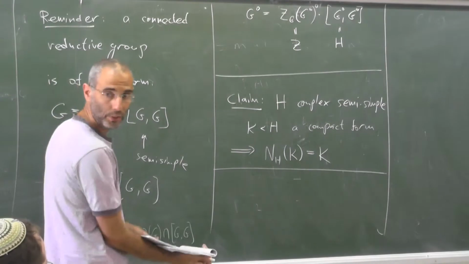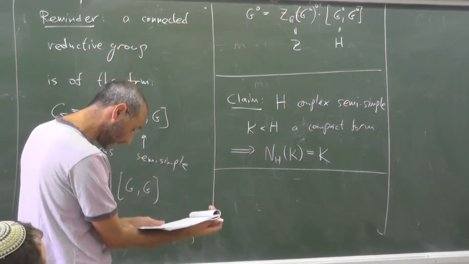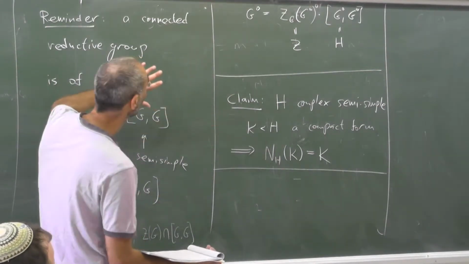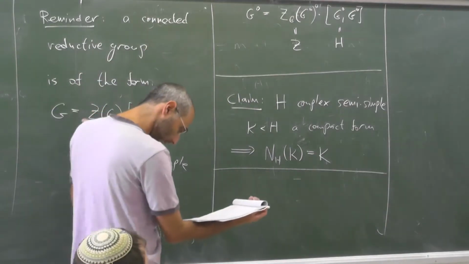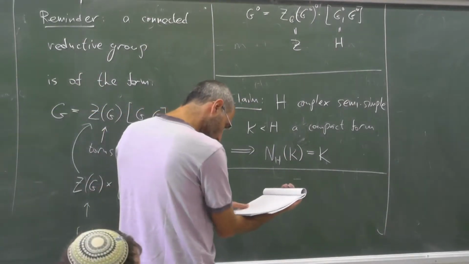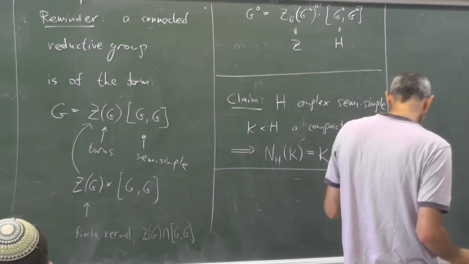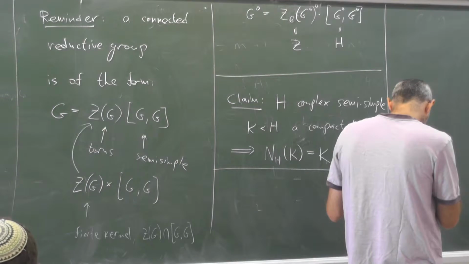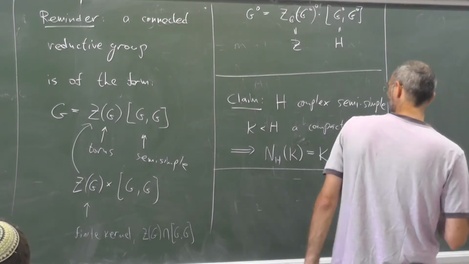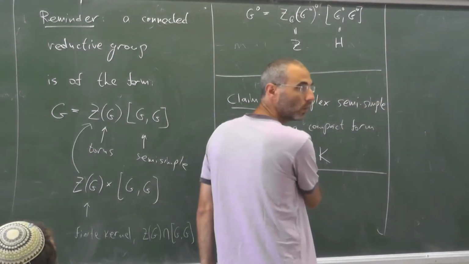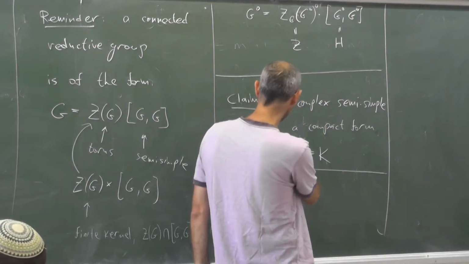So this is a classical piece, and I will prove it. We'll use it in the course of the proof of the main theorem. This will follow from again a nice theorem by itself. So I will generalize this now to more general groups.